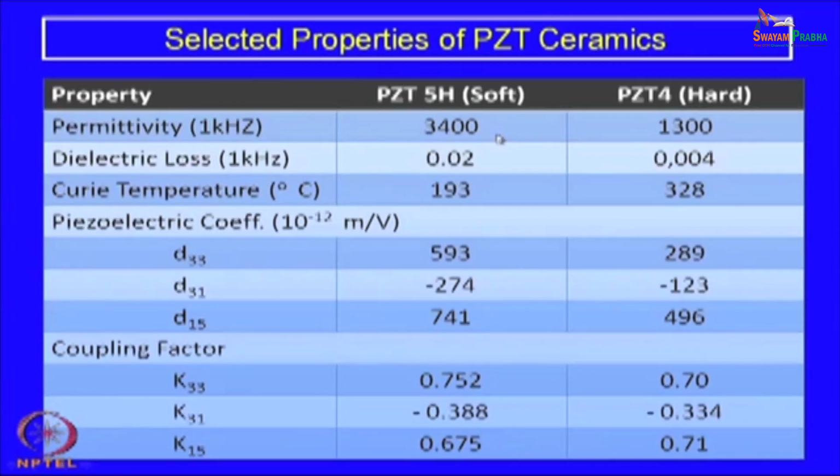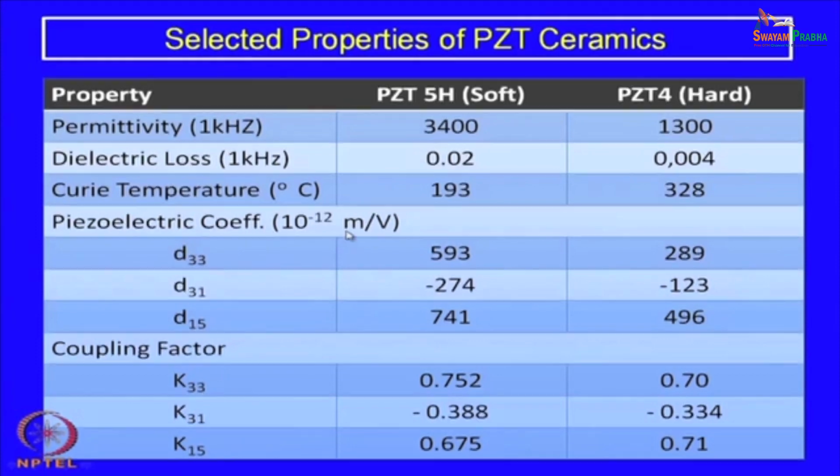Permittivity varies from 3400 to 1300. In this case, it is about 3400, and here it is only 1300. Dielectric loss is a little higher here, whereas this is a little lower. Curie temperature, as mentioned, is 193, around 200, whereas it is more than 320.